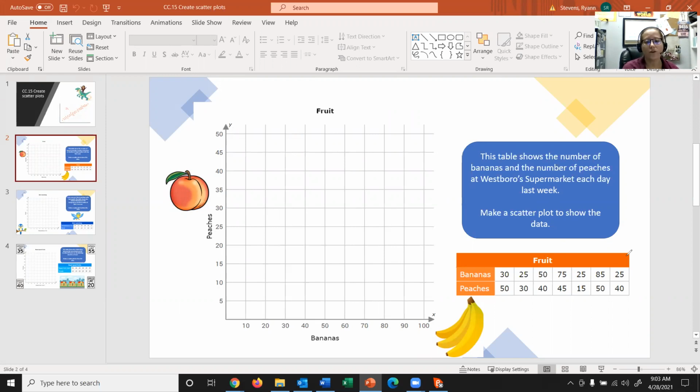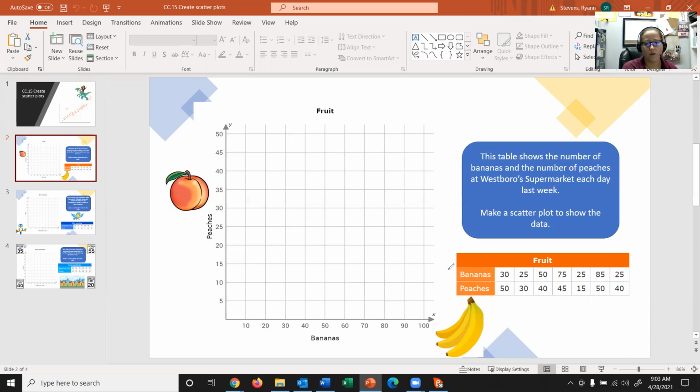In this case, we're comparing two different sets of data: how many bananas there were, and how many peaches there were at this supermarket. It's important to take note of what the axes are labeled as.